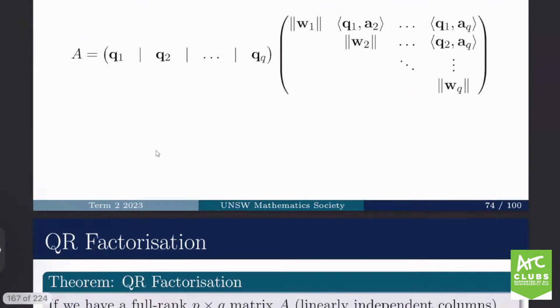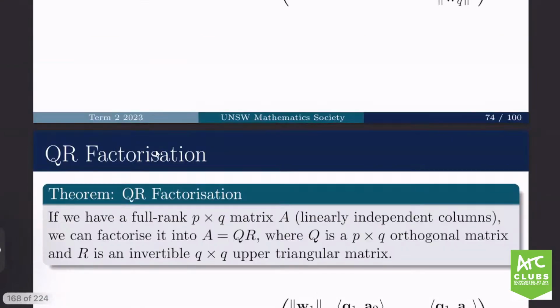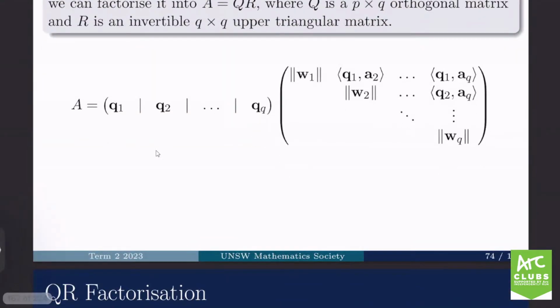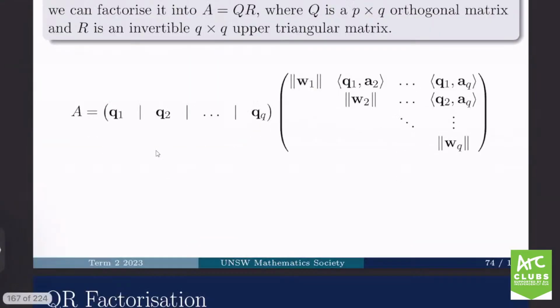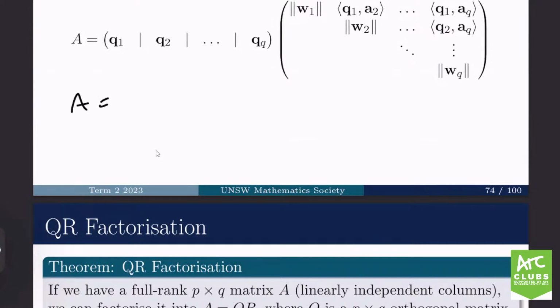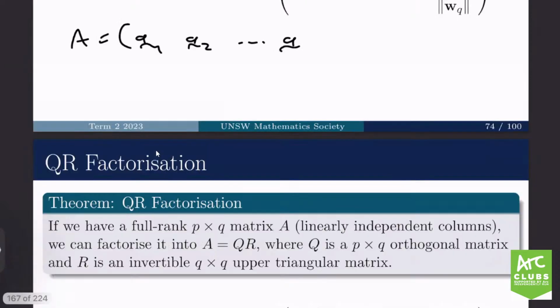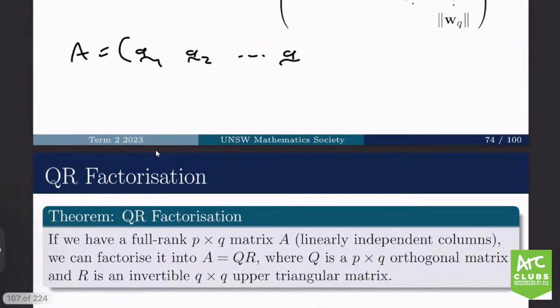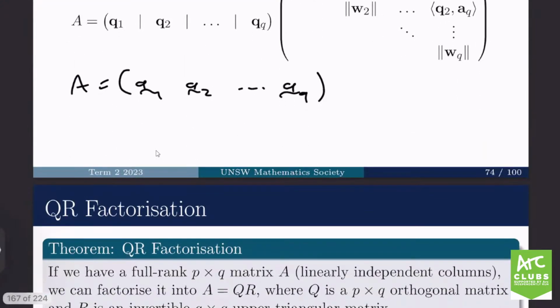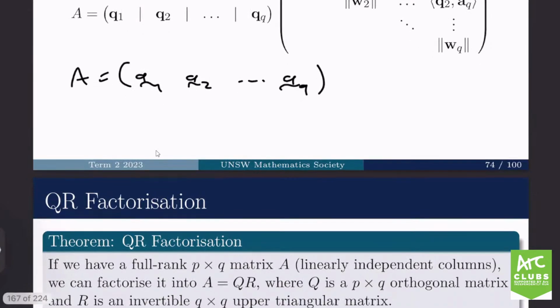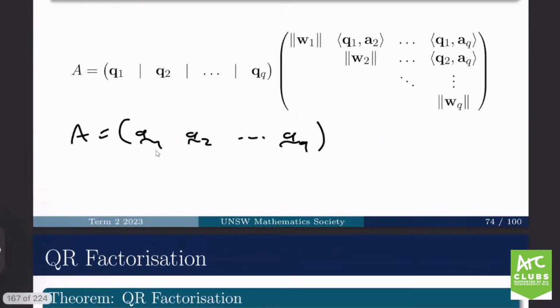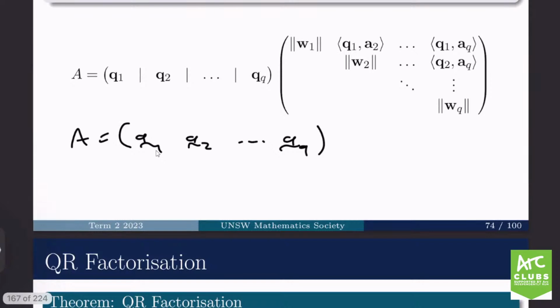okay? And in order to actually find it, our method will be to take the columns of A, we'll say A has columns a1, a2, all the way up to aq. Then from here, we're going to apply the Gram-Schmidt process to a1, a2, up to aq.